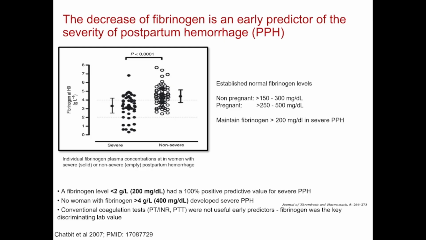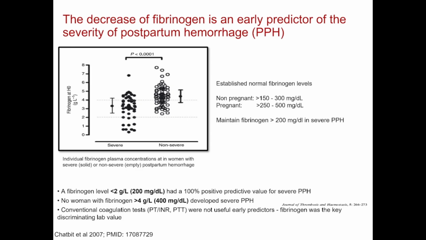A fibrinogen level of 2 grams per liter, or 200 milligrams per deciliter, had 100% predictive value for severe PPH, and no woman with fibrinogen of greater than 400 developed severe PPH. Conventional coagulation tests were not useful as early predictors, so fibrinogen was the key discriminating value here.